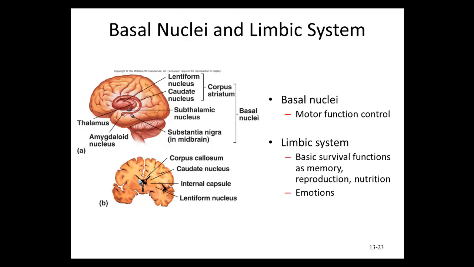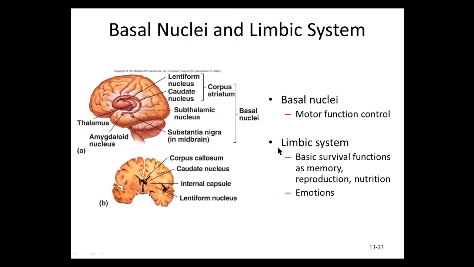So these areas here, the corpus callosum, caudate nucleus, internal capsule, lentiform nucleus, those pieces become more active. The cells in those areas become more active when we experience extreme emotions. For example, seeing the face of a tiny kitten or looking at the face of a cute newborn causes those good feelings to be released and expressed, and that's a result of all these pieces of the limbic system working together.